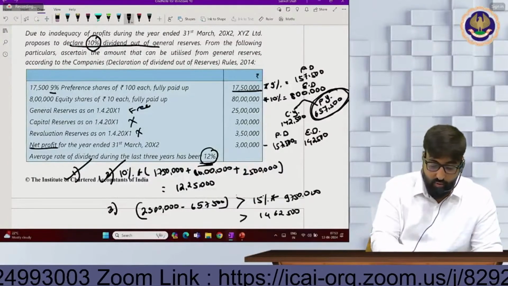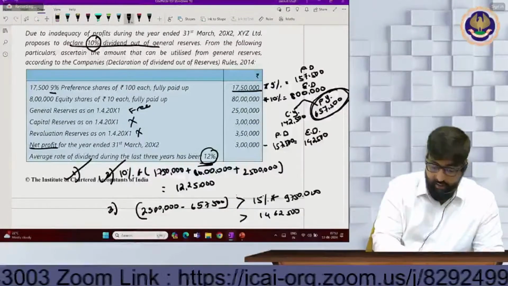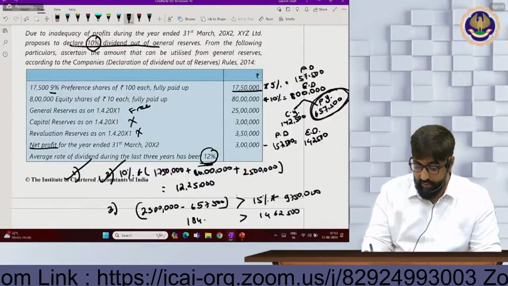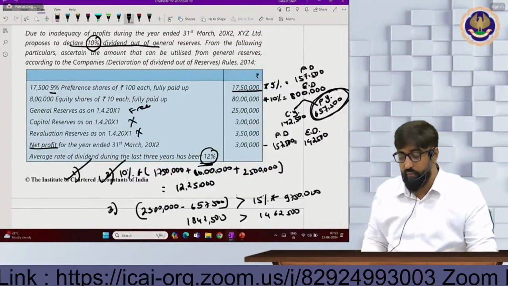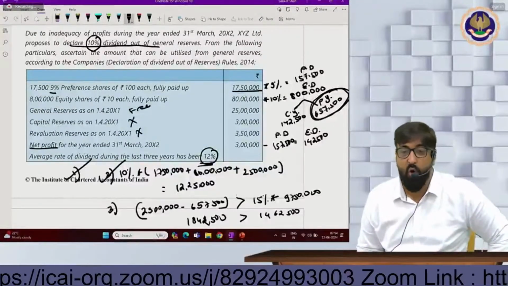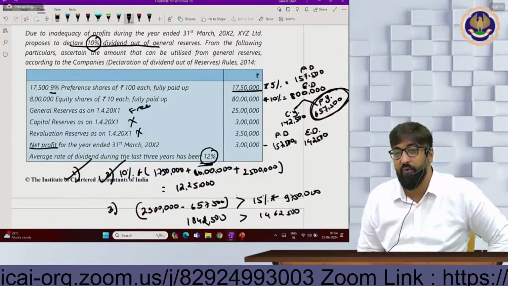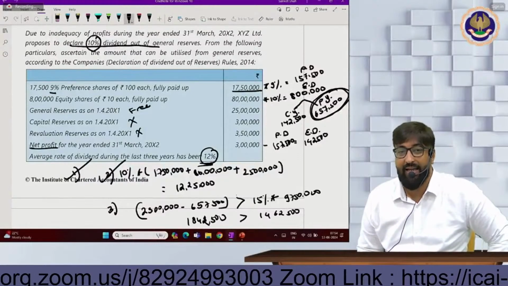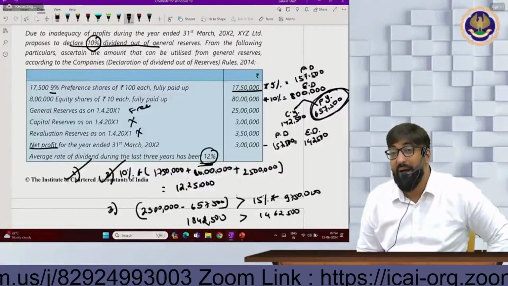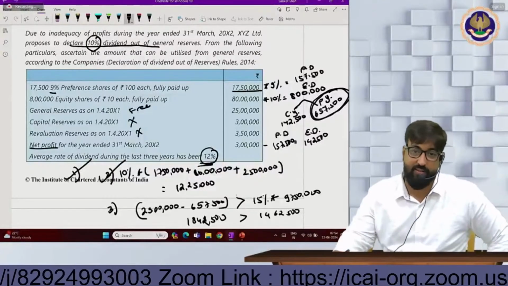And 25 lakhs minus 657,500, which I'm using, leaves a balance of 18 lakh 42,500. So the third condition is also fulfilled. So all conditions are fulfilled and therefore you can declare a dividend of 657,500 by using past year profits.